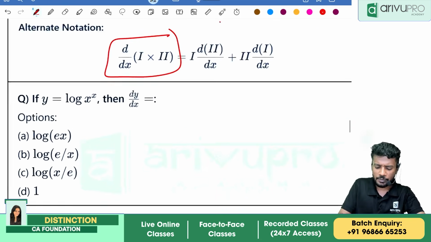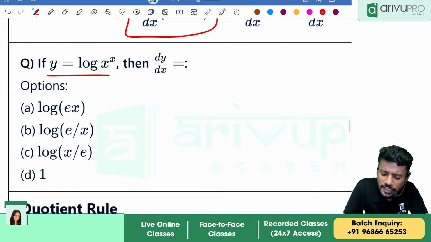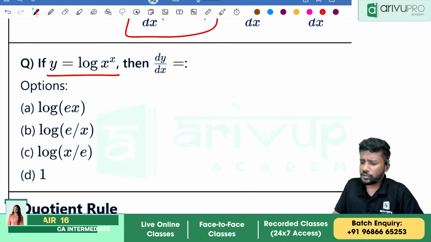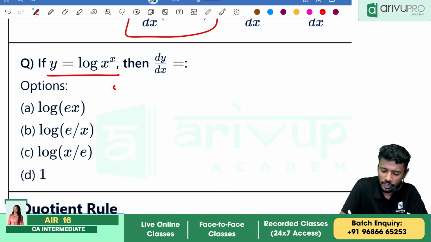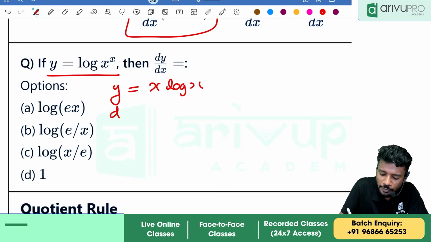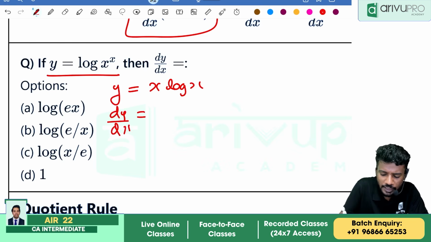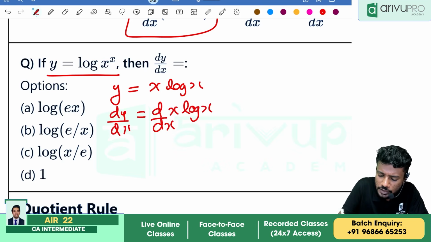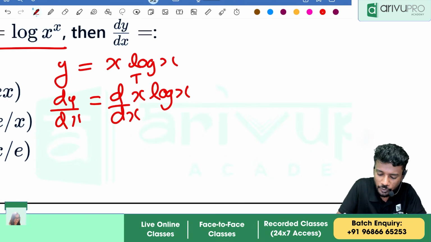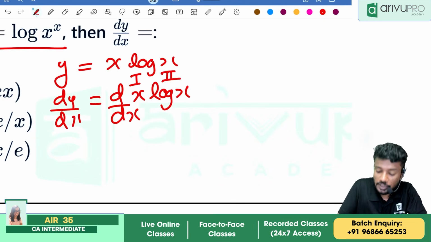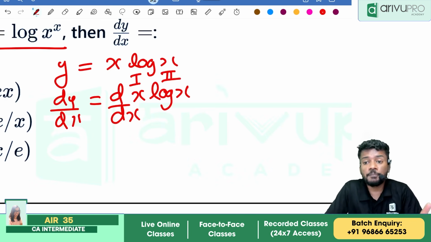I'll take one example and show you. y is equal to log x raised to x. Now you will be like, sir, how to rewrite it? It is very easy to rewrite. It is x into log x. Now you tell me what is dy by dx. I will write it as d by dx of x log x. What is the first function over here, the red boy? It is x. Then the second function is log x.